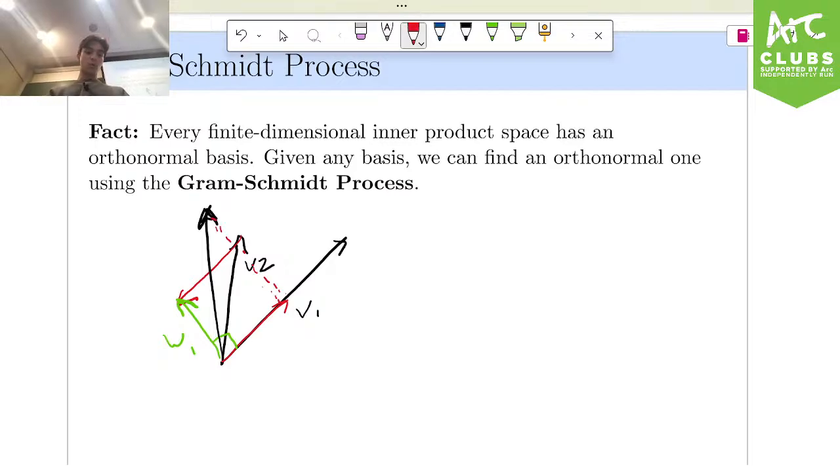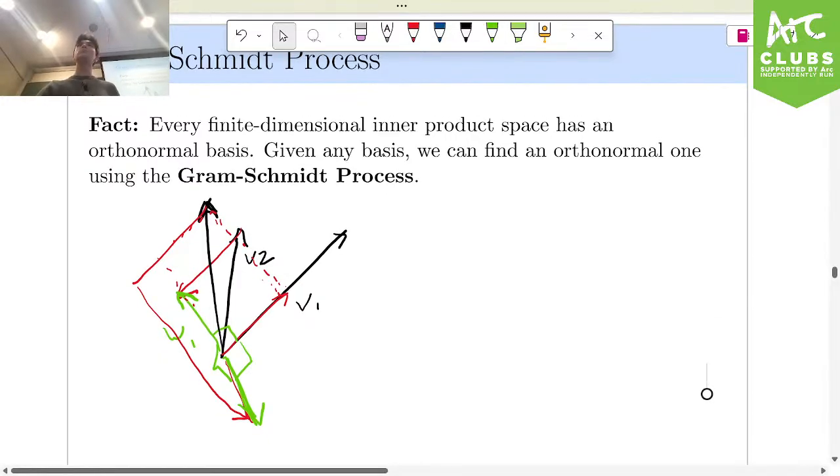So you can project it onto v1 and project it onto v2 and subtract those projections from v3, and maybe end up with a vector that goes out like this somehow. And you'll end up with one that's perpendicular to both w1 and v1, right? And you can keep repeating this process up to whatever dimension your vector space is.